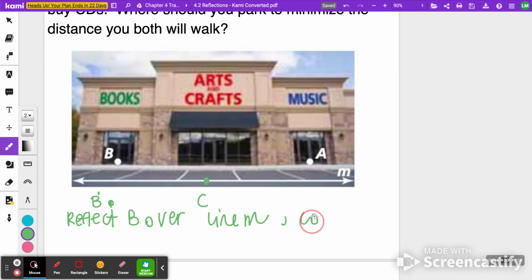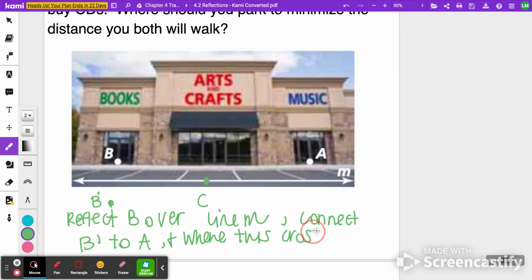Then connect B prime to A. And where this crosses, we can park here. And this is point C. So a crossover right here using a straight line.